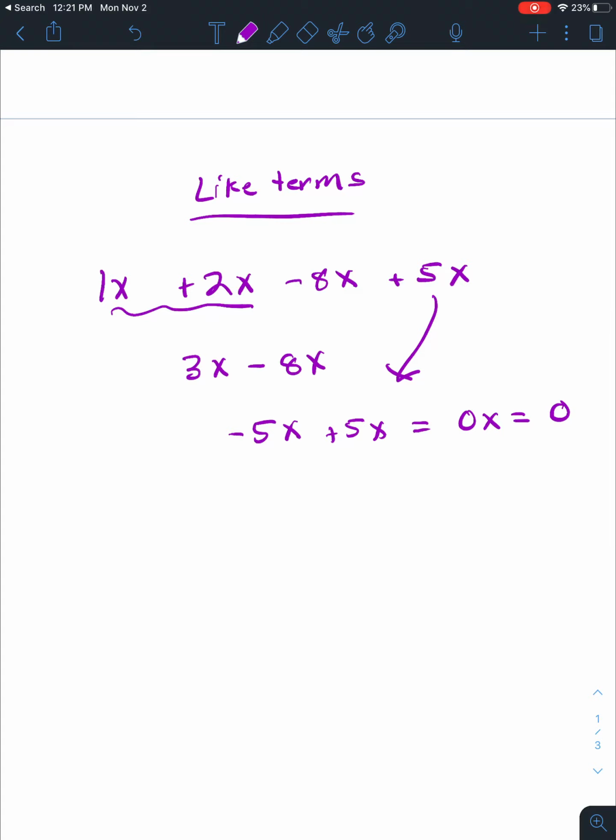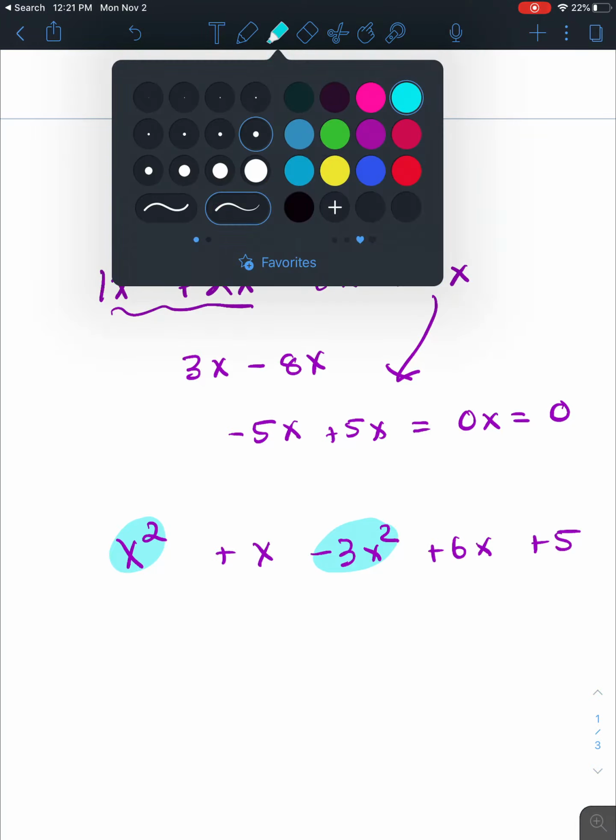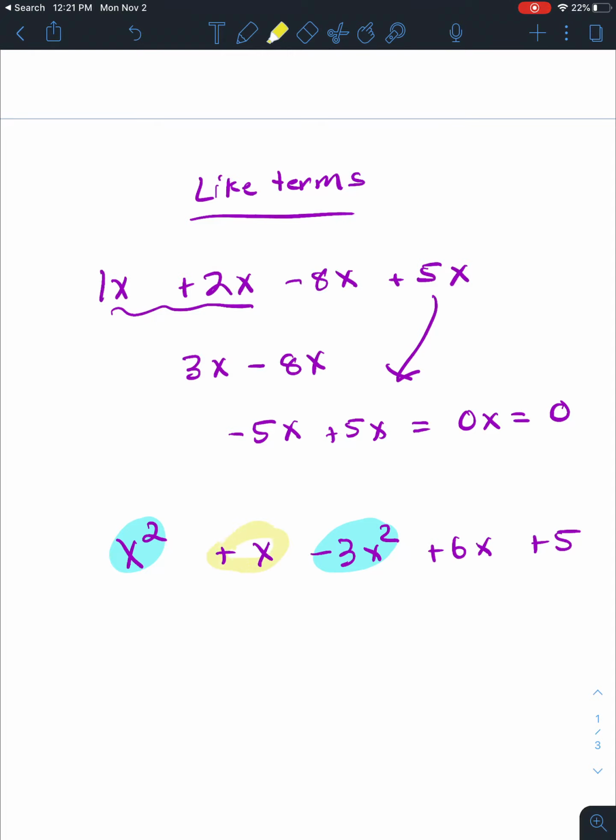Another example is x squared plus x minus 3x squared plus 6x plus 5. Look for like terms. X squared is similar to negative 3x squared, and x is similar to plus 6x. And then on its own, you have a plus 5.